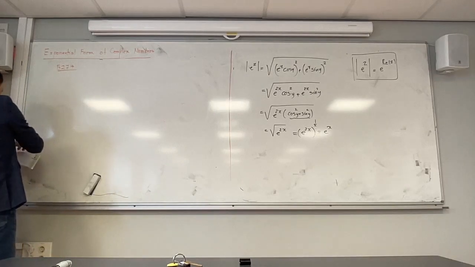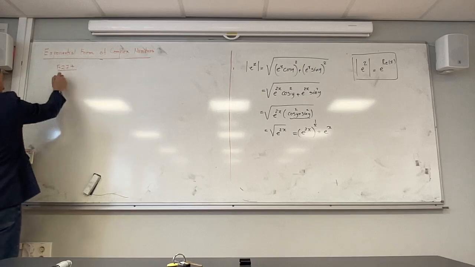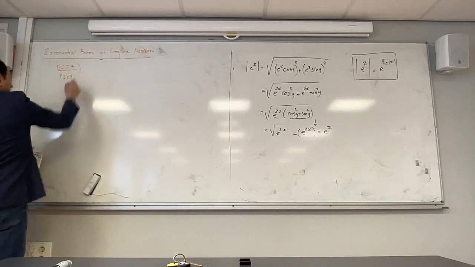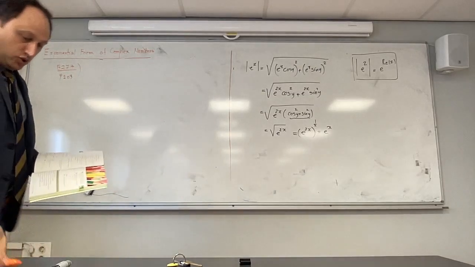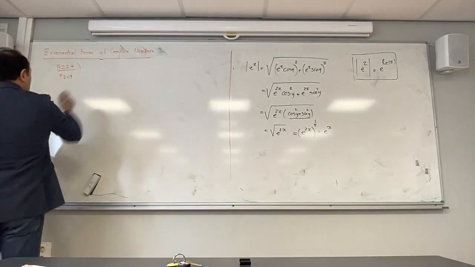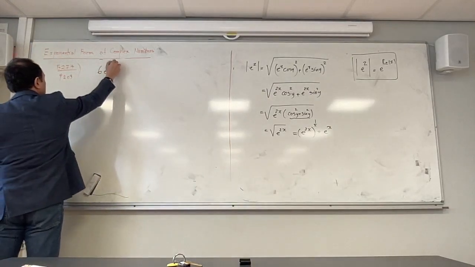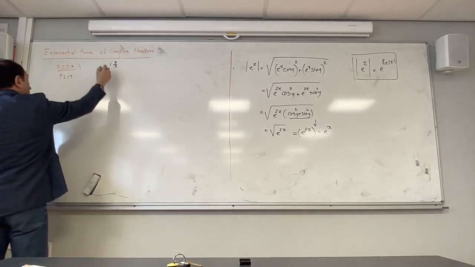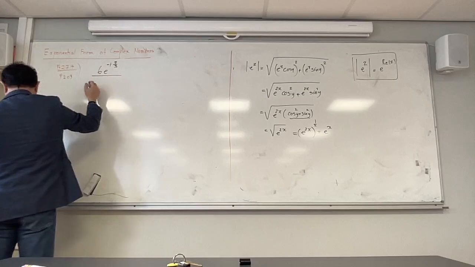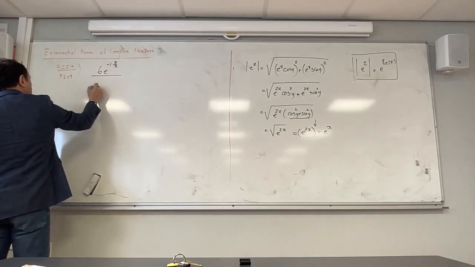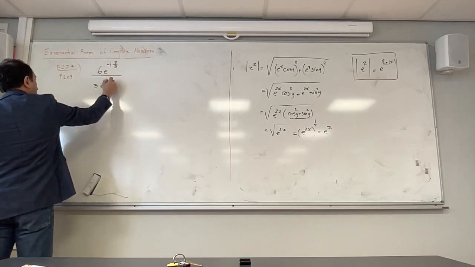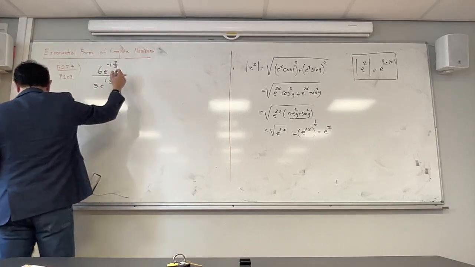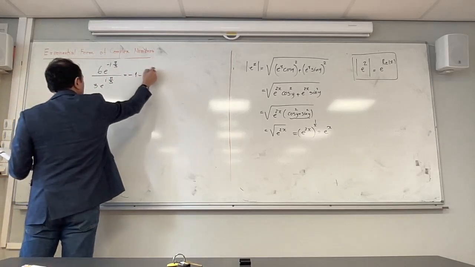This is on page 203. So show that 6 e to power i pi over 3 minus i pi over 3 divided by 3 e to the power of i pi over 3 is this number, minus 1 minus i square root of 3.